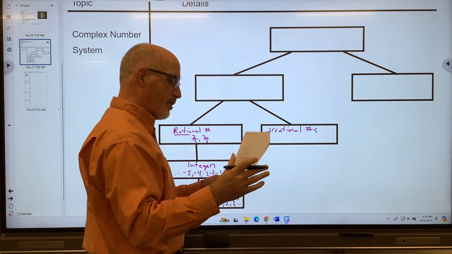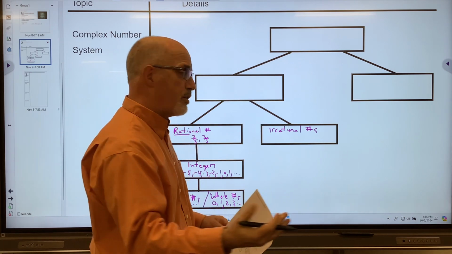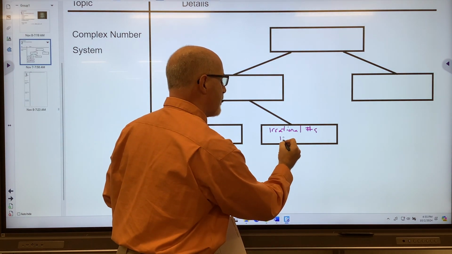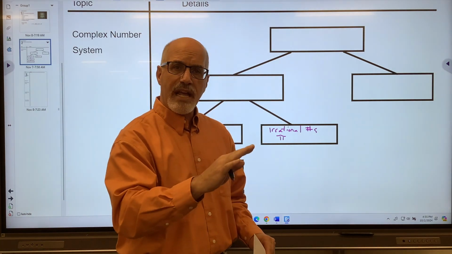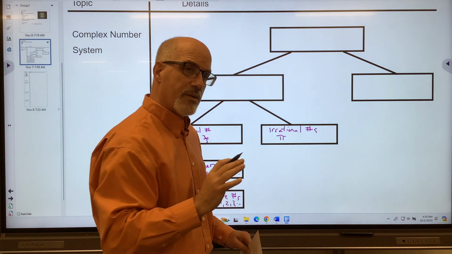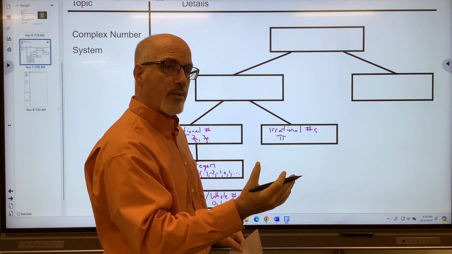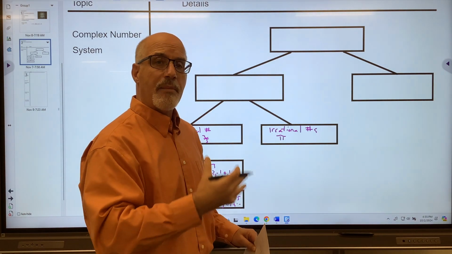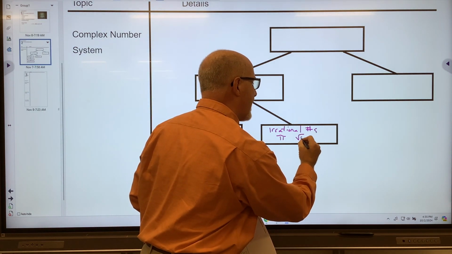Now, irrational numbers were the ones that had, for instance, you were introduced to pi when you started talking about geometry concepts. And these are decimals that never end and never repeat. Also, which is critical to this lesson, you were introduced to square roots that didn't come out or simplify out of the square root, like the square root of 5.